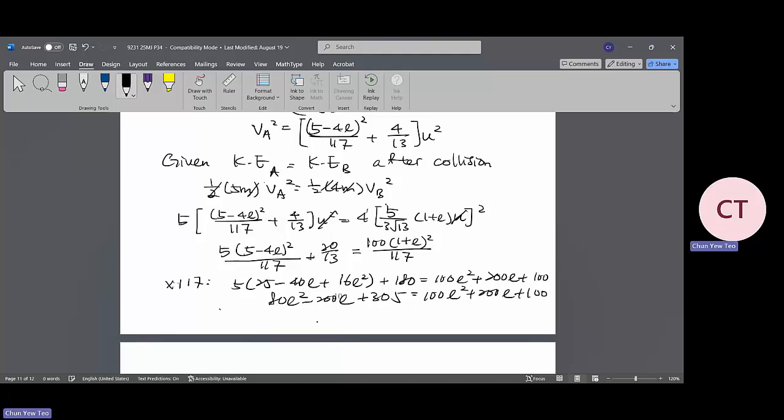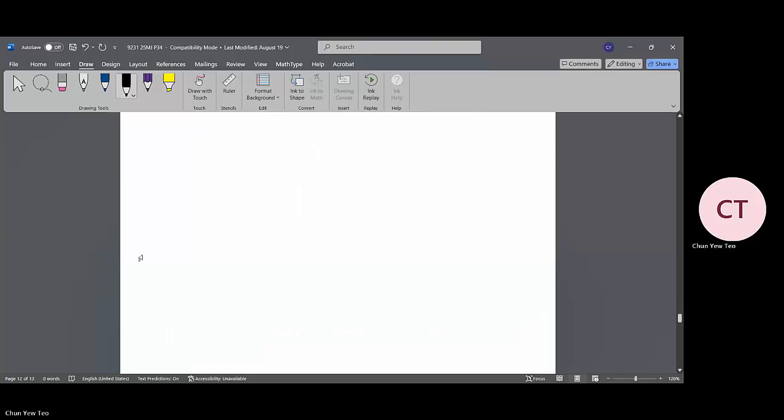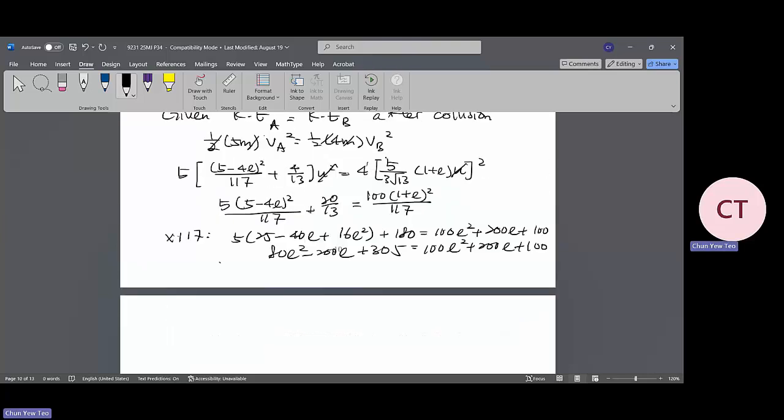Simplify it, you will get, okay, need more space. Sorry for that. Just hold on for a while. If you continue to simplify the equation over here, you will get 20E squared plus 400E minus 205 equal to 0.